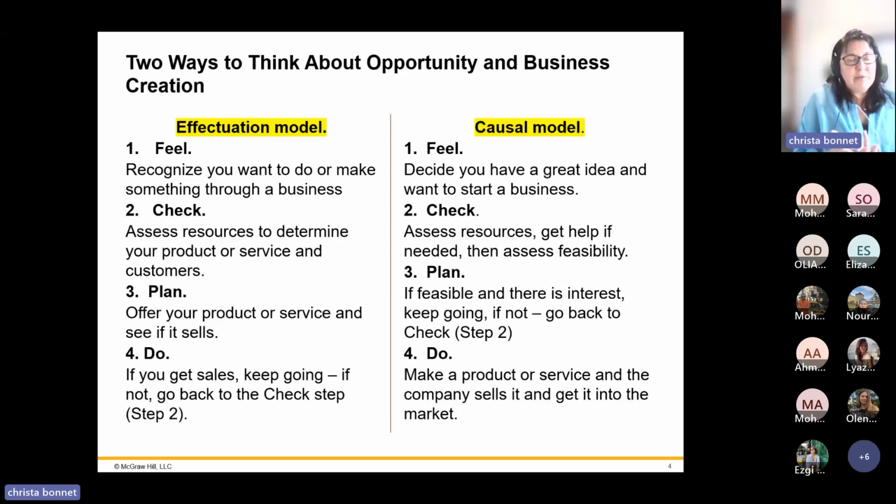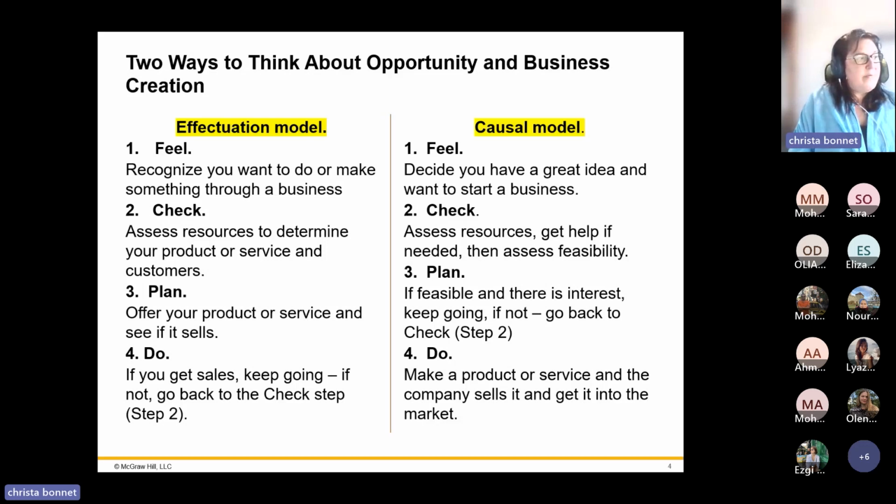Then under the causal model, step 3, which is plan, is if it's feasible, under step 2, check. Okay. Then they see there's interest, then they keep going, and if not, they go back to step 2, where they reassess the feasibility before they go back into step 3 of planning again.